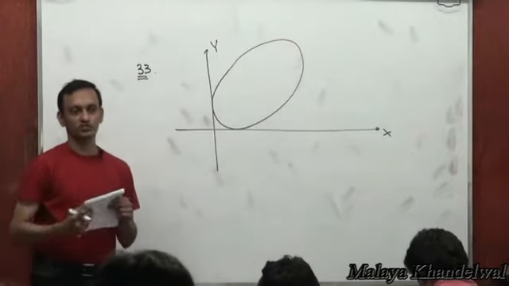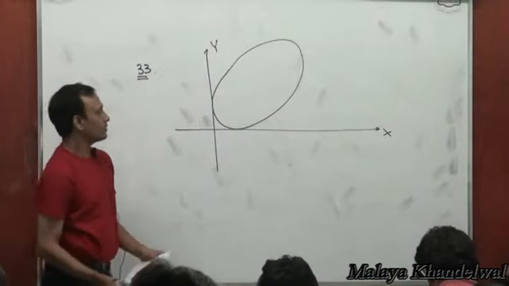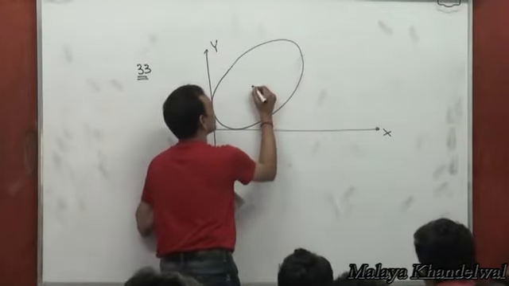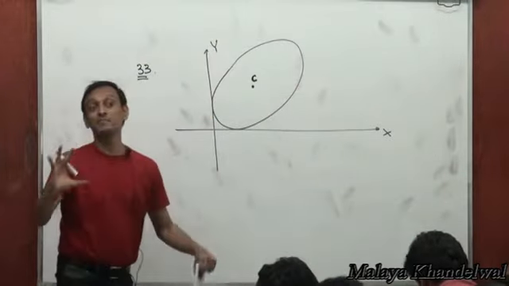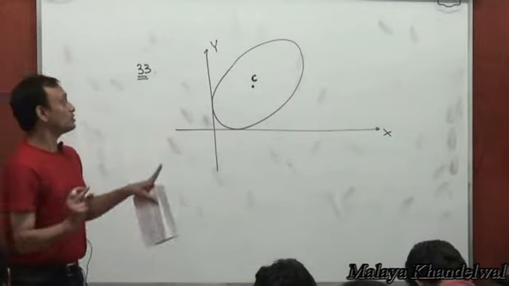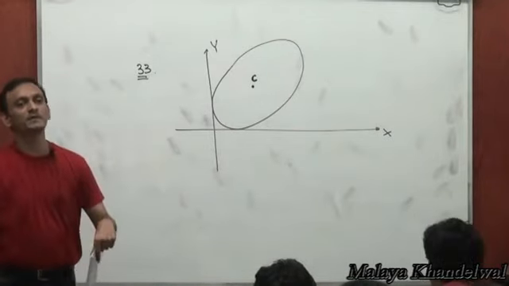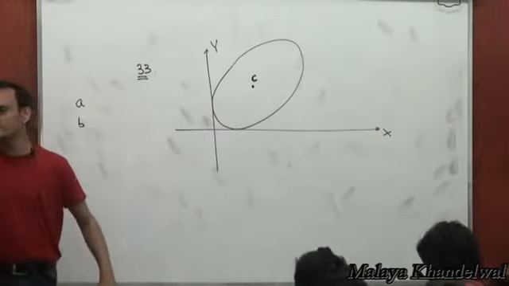These are two perpendicular straight lines and this ellipse slides between these two lines. We need to find the locus of the center. Now, it's the same ellipse that's sliding. That means the physicality of the ellipse is not changing. That means the semi-major axis A and the semi-minor axis B of the ellipse are not going to change.